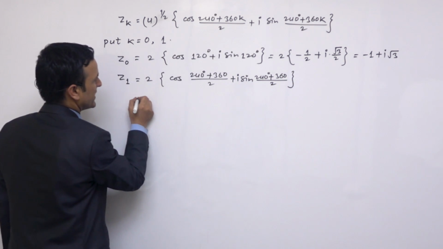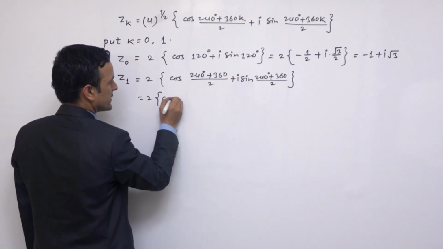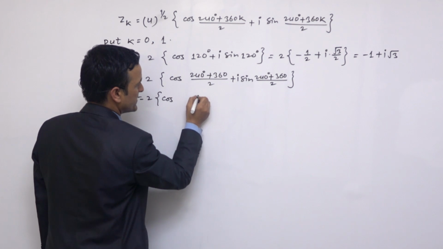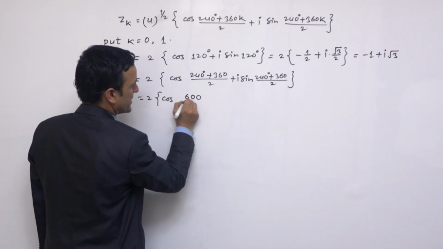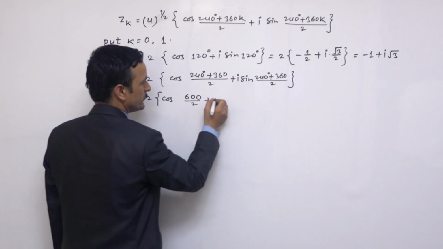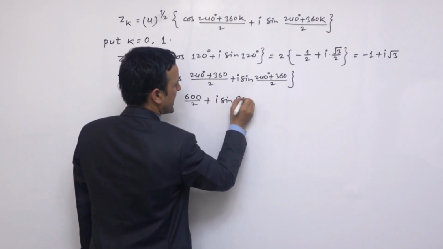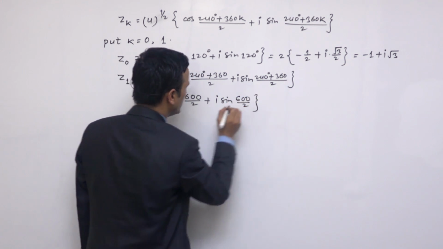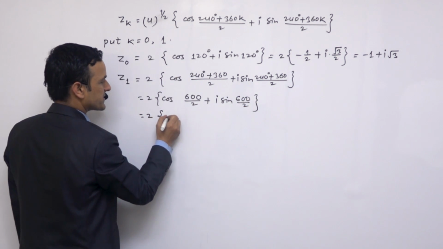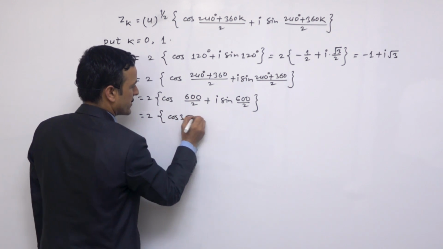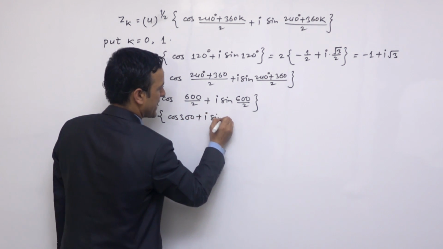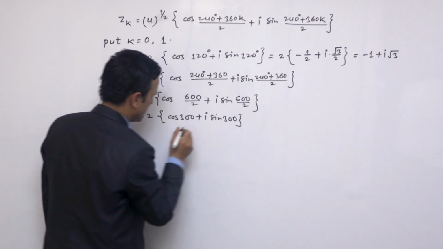Solving it, 240 plus 360 is 600, divided by 2 gives 300. So 2 times (cos 300 plus i sin 300).